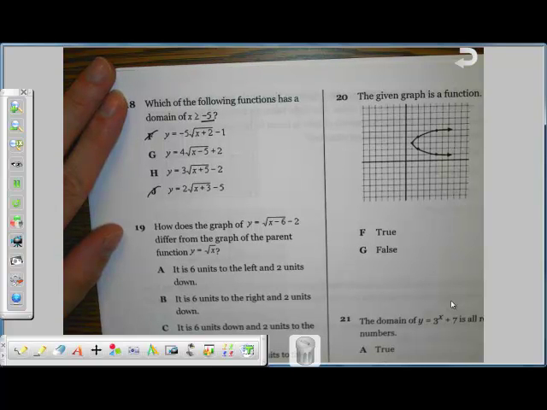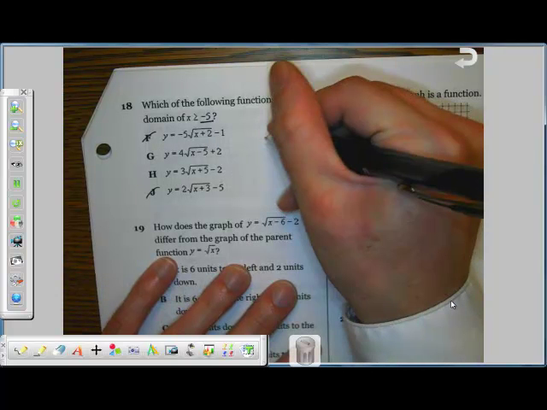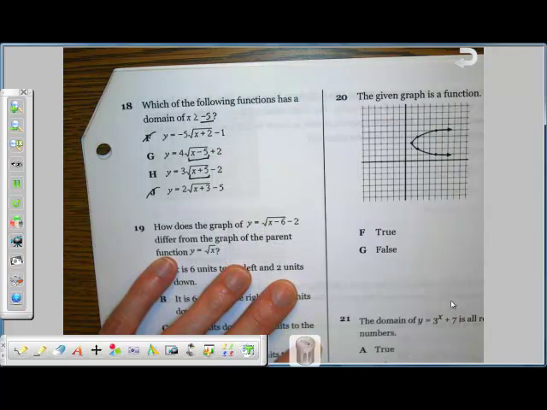Now, if x is greater than negative 5, that means it can't be less than. So we have to look at both of these two and figure out which one fits.